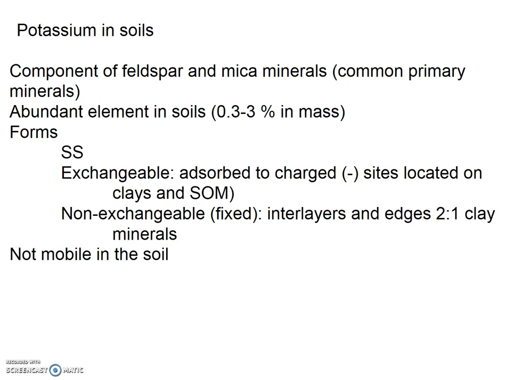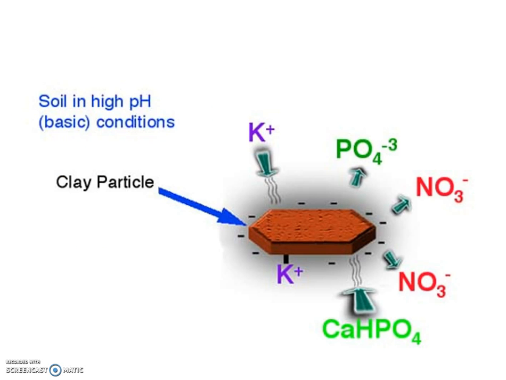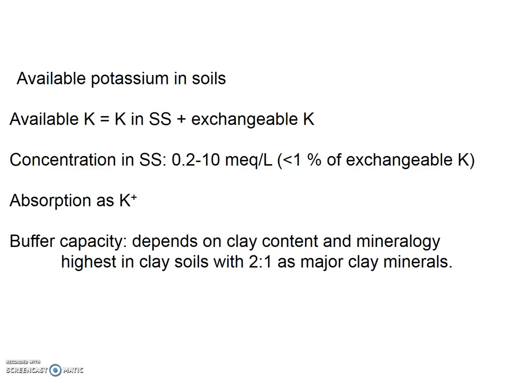As happens with phosphorus, potassium is a non-mobile element in the soil. Here we see a clay particle with its negative charge that promotes the adsorption of the potassium ions to its surface.